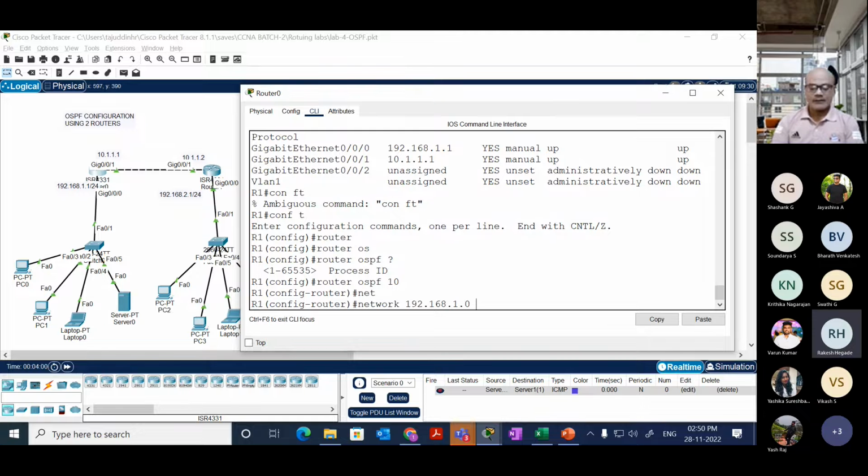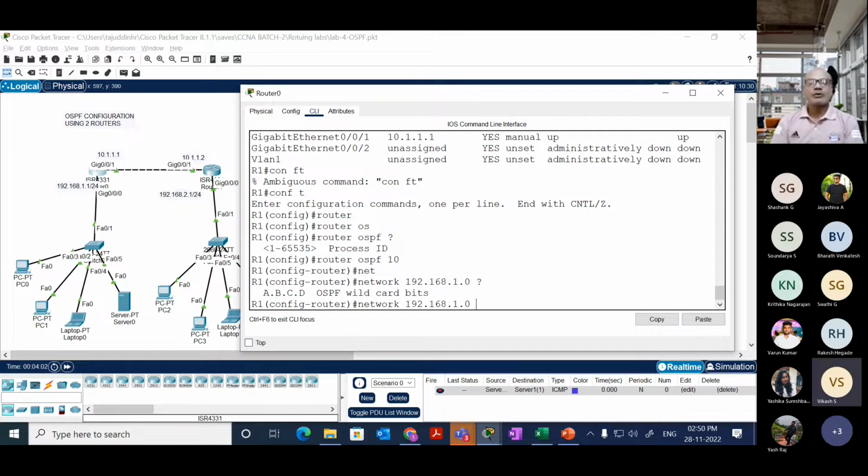192.168.1.0. If you give the question mark, it asks for OSPF wildcard bits. We cannot give the subnet mask, guys. Remember this: while configuring OSPF, you should give your wildcard mask. What is the wildcard mask for this? 0.0.0.255. Correct.